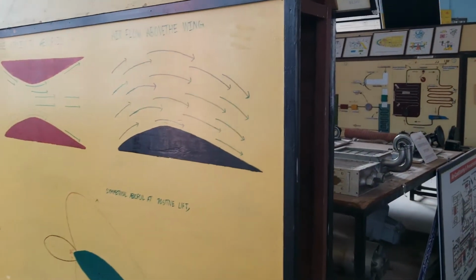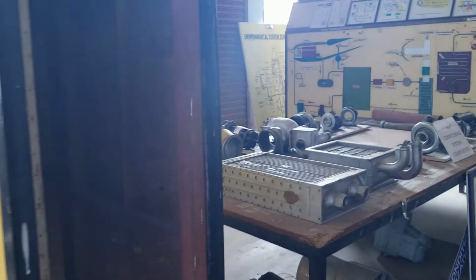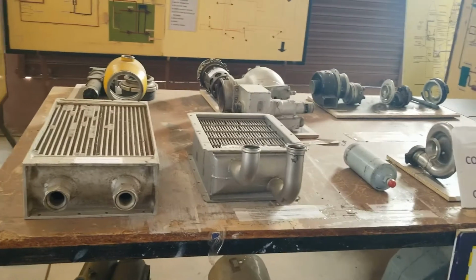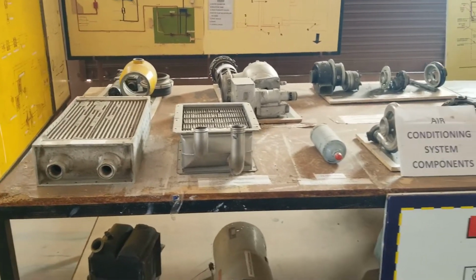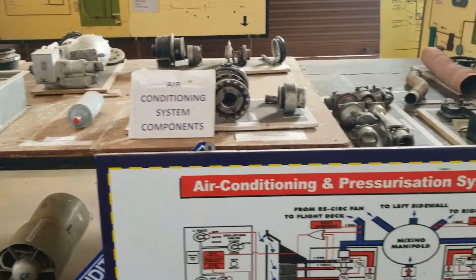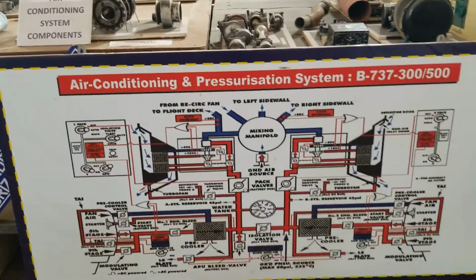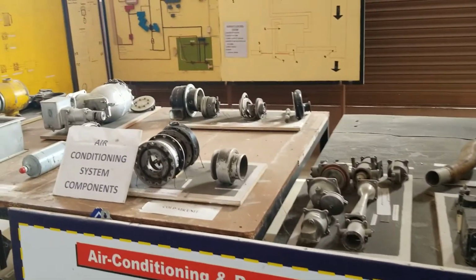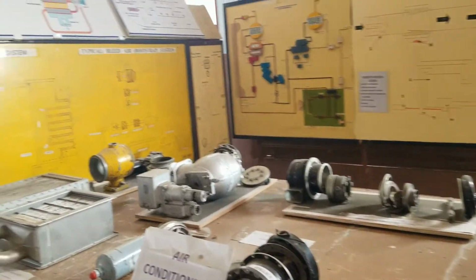Now this one, aircraft air conditioning and pressurization system components. See, these are also displayed on the table in a dismantled condition. Every part you can see is in dismantled condition. Air conditioning and pressurization system, Boeing 737 aircraft. This way you should learn.